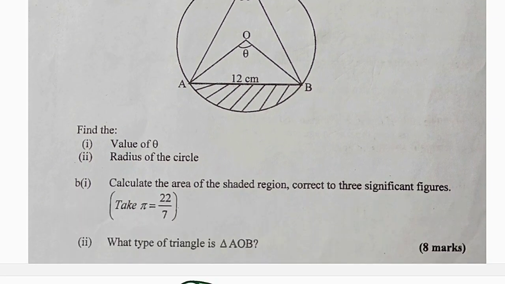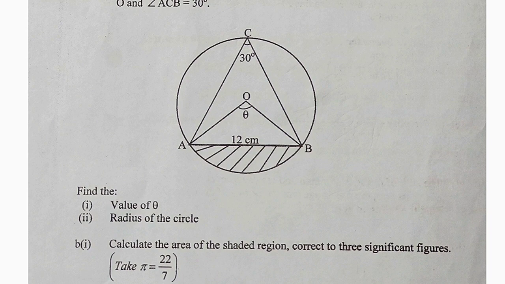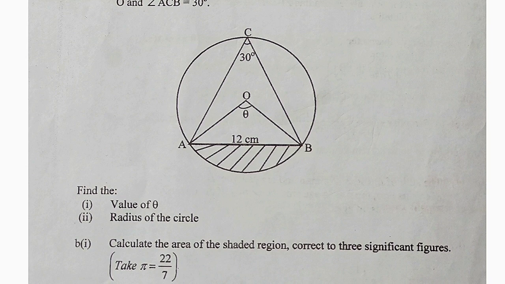Roman 2, we are asked to find the radius of the circle. All right, observe something. According to the circle theorem, the chord and the radii always form an isosceles triangle. What is an isosceles triangle? An isosceles triangle has its base angles the same. So this particular angle must be equal to this one, because this is a chord, and this is a radius, this is a radius. They always form an isosceles triangle.